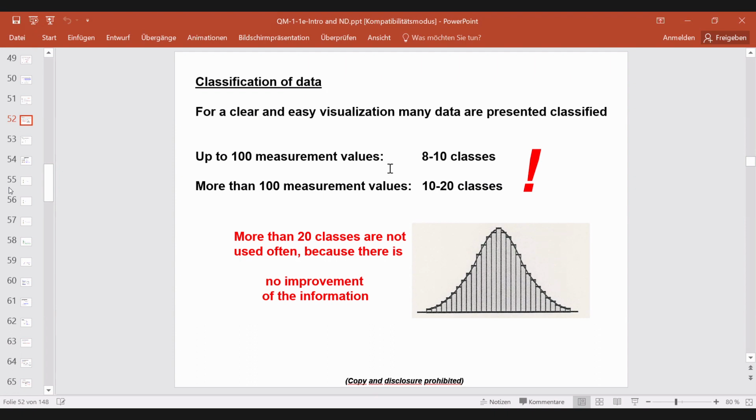Up to 100 measurements, you have 8 to 10 classes. If you have more than 100 measurement values, the number of classes is 10 to 20. More than 20 does not make sense because there's no improvement of the information. So we have no better result if we have more than 20 classes. So in most of the cases, we have 8 to 10 classes, so in this area.